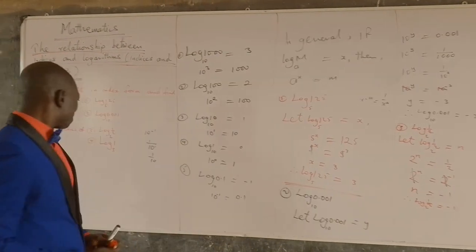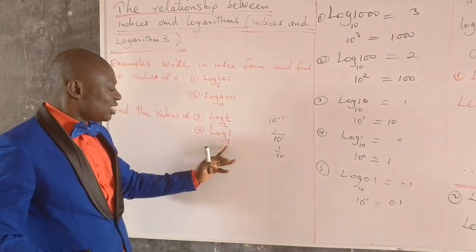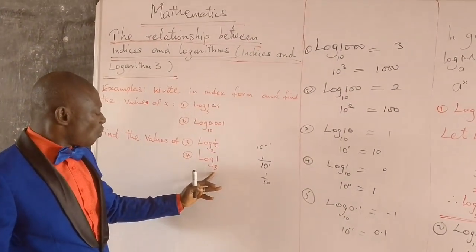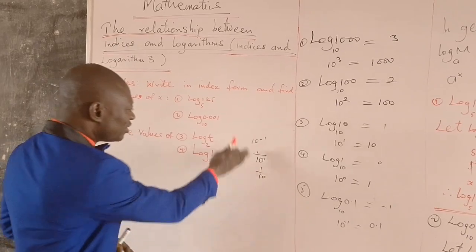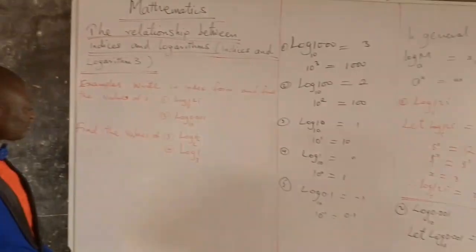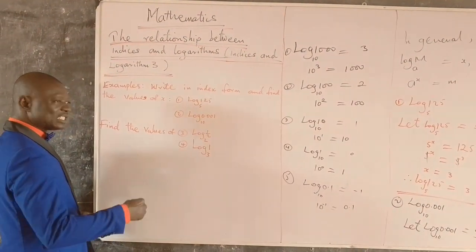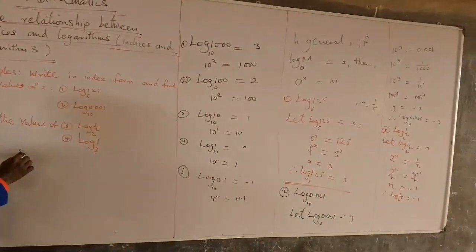Finally, number 4. Number 4 wants us to calculate log 1 in base 3. If we are calculating log 1 in base 3, let's solve it the same way we have solved the other ones.